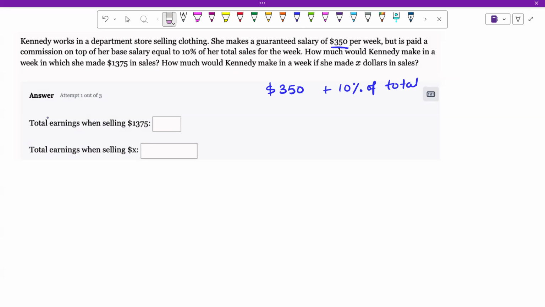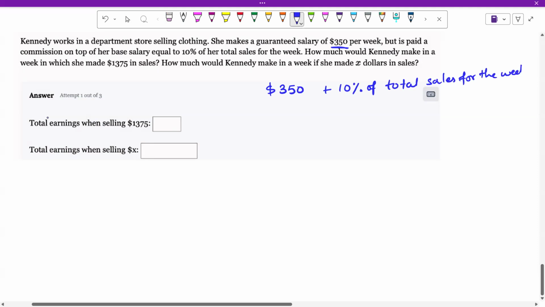Plus she will be getting 10% of her total sales for the week. How much would Kennedy make in a week in which she made $1,375 in sales? They're asking how much would Kennedy make in a week.